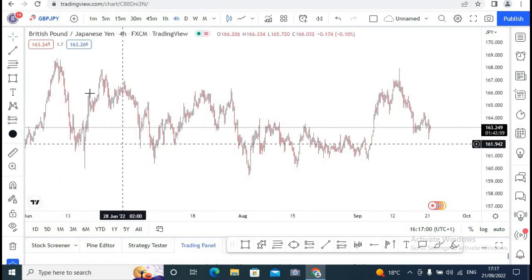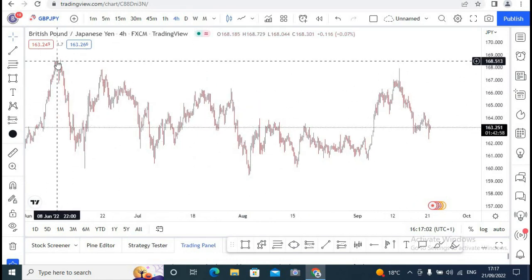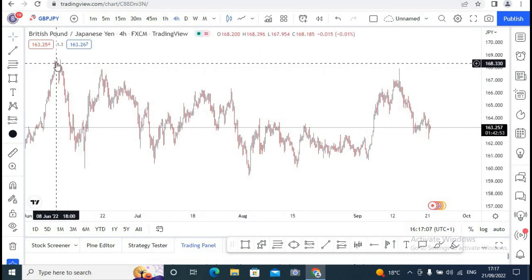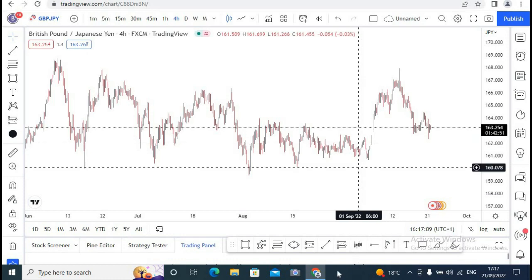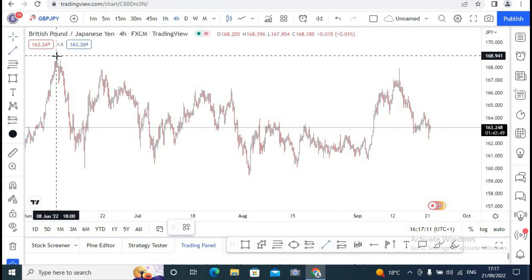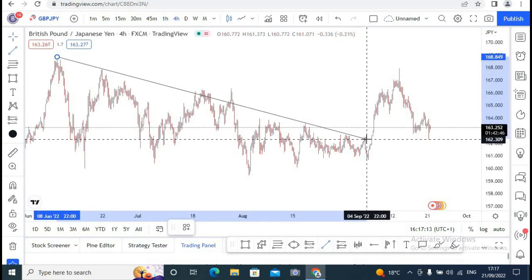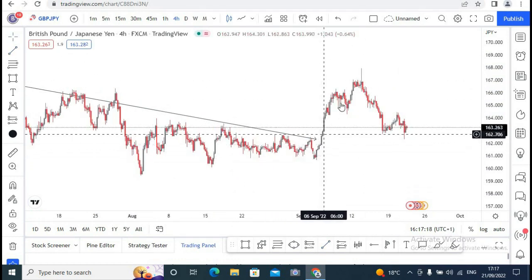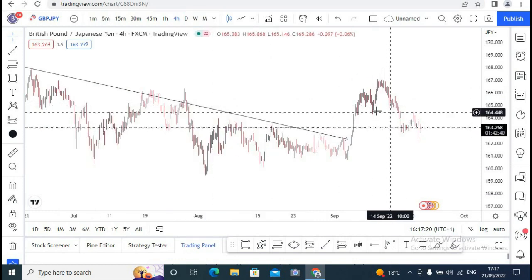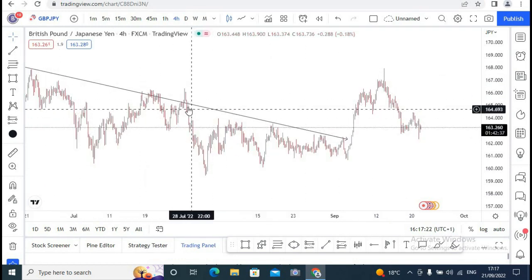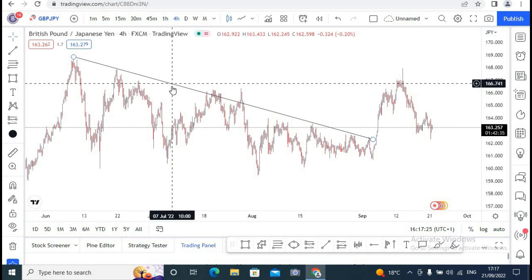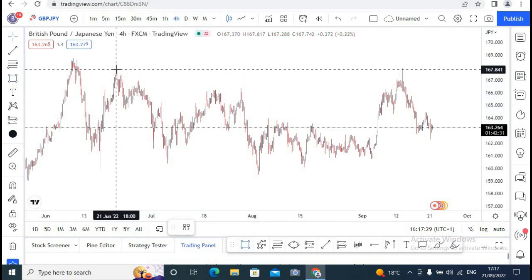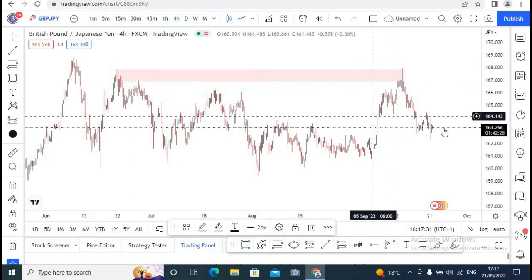As you can see, the price has been creating new lower highs and new lower lows going to the downside, and you can see there were a lot of them, right? And this is what we call liquidity, guys. That's why the price has just given us an impulsive move to the upside, cleaning out the liquidity. So now we are focusing on a supply zone area which price has rejected right here.